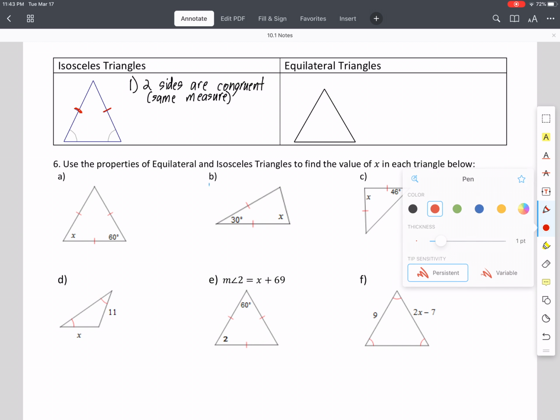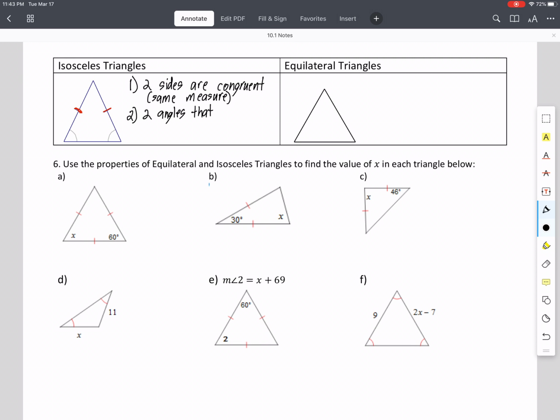And then secondly, it also has two angles that are congruent, or again, two angles that are the same measure.